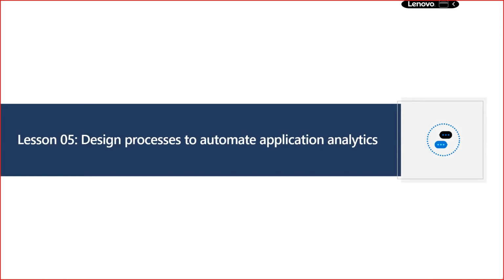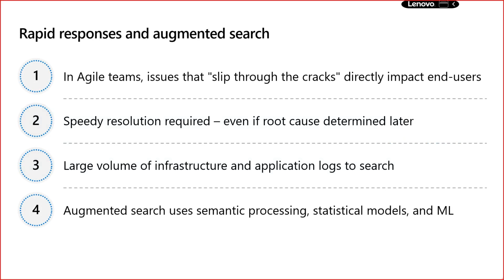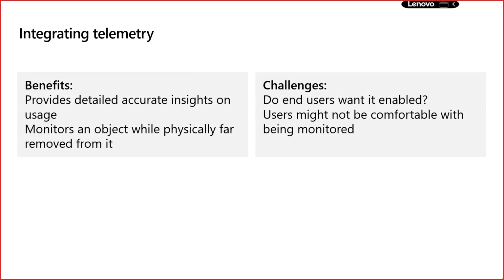Okay, now you can go ahead and design something called automating your application analytics. You can create a response and create alerts. You can integrate your different environments, and you can get the application performance, crash dumps and logs from the application, which you will be able to analyze.